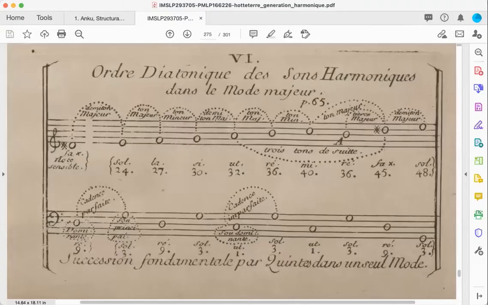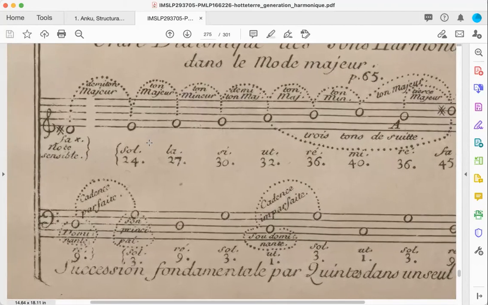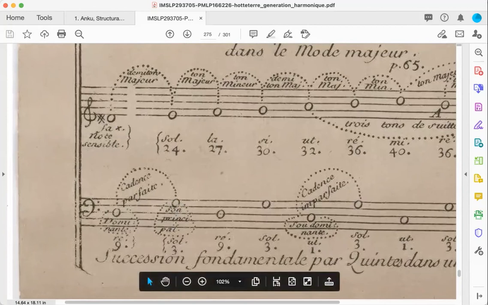So by adding the third fundamental sound on the lower fifth, which Rameau calls the subdominant, you can get the entire major scale. So let's take a look at the first diatonic tetrachord that we had before. Remember now we're in the key of G. So we've got the principal sound is G, son principal, and that's going to be 3.